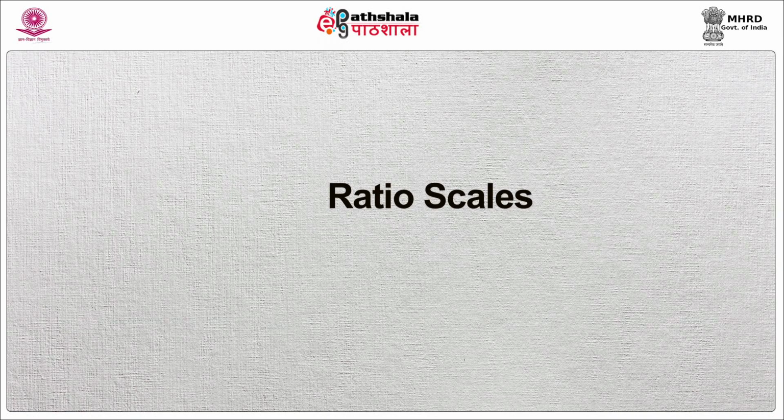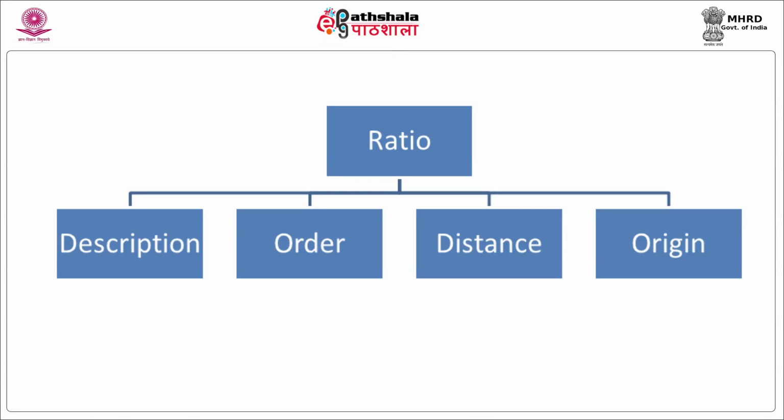The fourth scale is the ratio scale. A ratio scale represents a kind of scale which has properties of nominal, ordinal and interval scales. It has not only the characteristics of description, distance and order, but also the characteristic of origin. Therefore, a ratio scale can not only identify or classify objects into categories, it can also rank the objects and compare the intervals or differences.